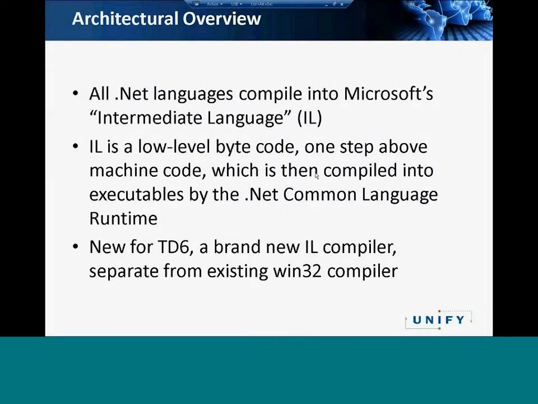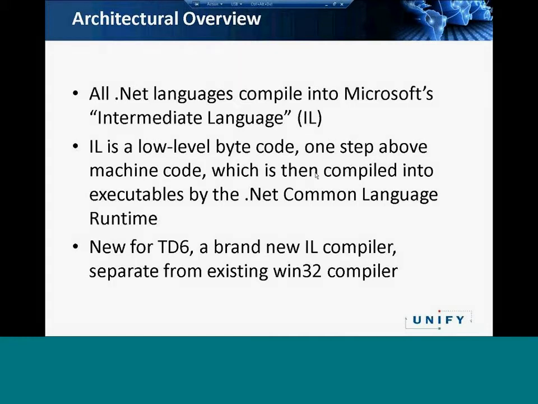So talking specifically about .NET now, forgetting a little bit about the Win32 native TD world. All .NET languages compile into Microsoft Intermediate Language, which is also known as IL. This is also what we're going to use into TD 6.0. So IL is a low-level bytecode, one step above machine code, which is then compiled into executables by the .NET Common Language Runtime.